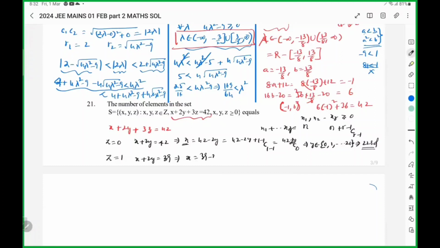X will be 39 minus 2y. So the number of solutions will be 39 minus 2y plus 1 minus 1 C 0, defined for y from 0, 1 to 19. So here you have 20 solutions.